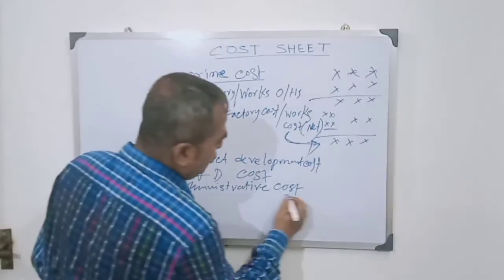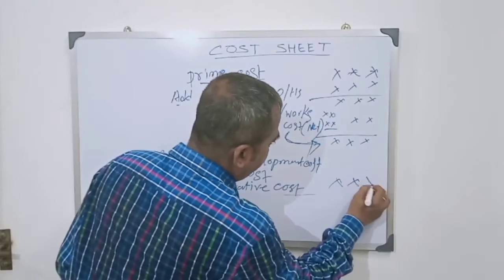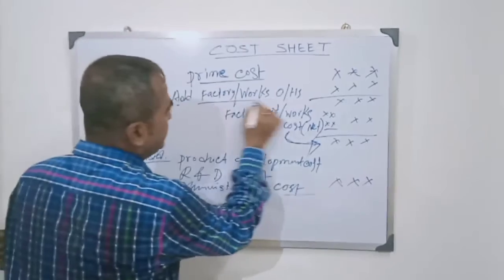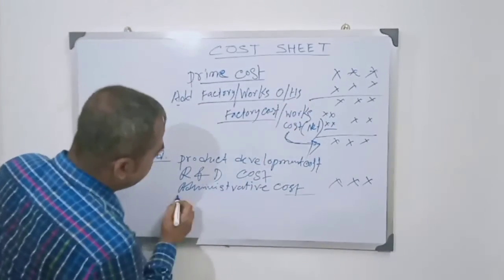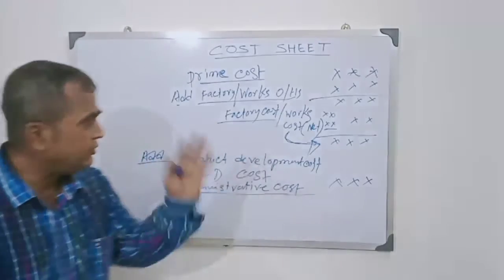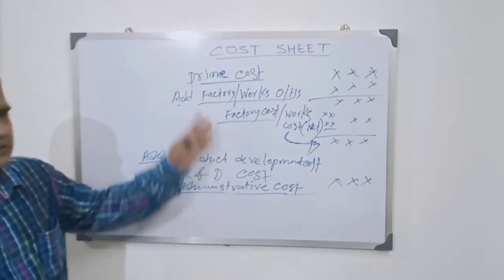So all these costs will be adding up. Factory manager salary, factory overheads. Office manager salary, administrative cost. So you have to understand all this.